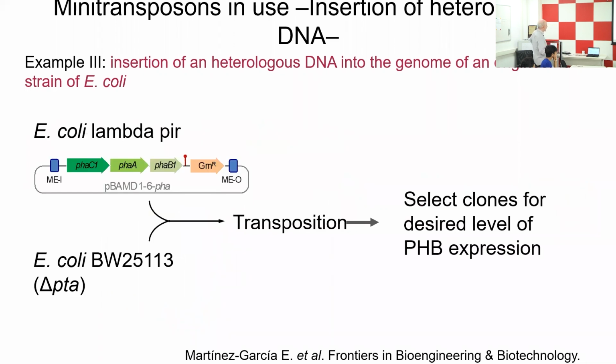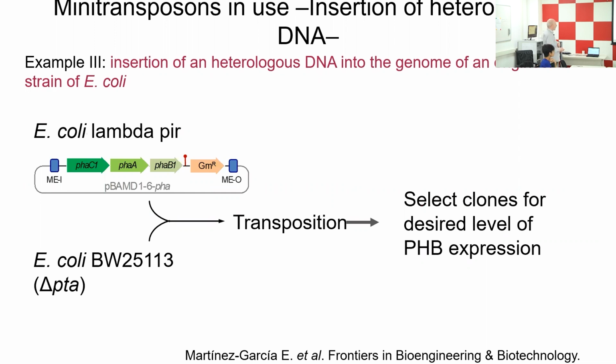Then what you do is that you take this construct and make it transpose into a target bacterium, that is E. coli BW, whatever, that carries one gene that would interfere with the formation of bioplastics, and then you select or screen for clones with a desired level of expression, okay?